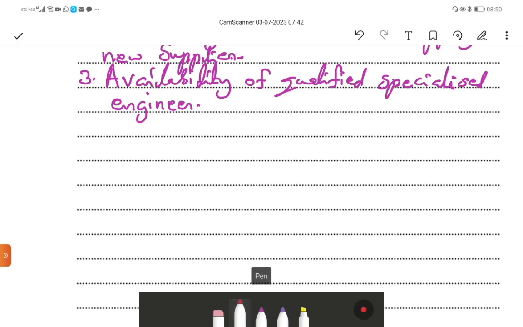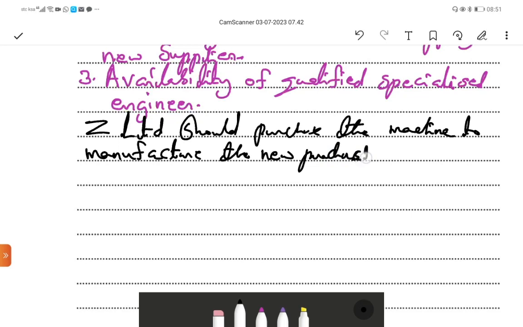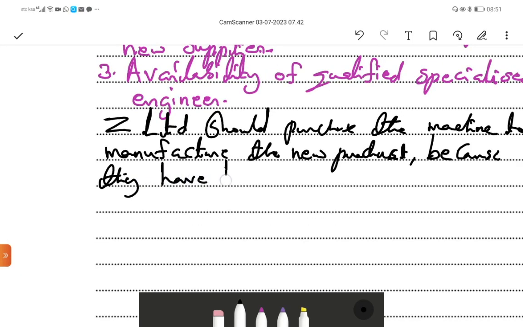So here I am saying Z Limited should purchase the machine to manufacture the new product, because they have a high net present value, IRR and ARR.